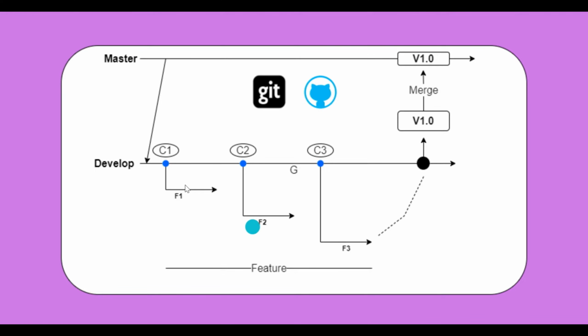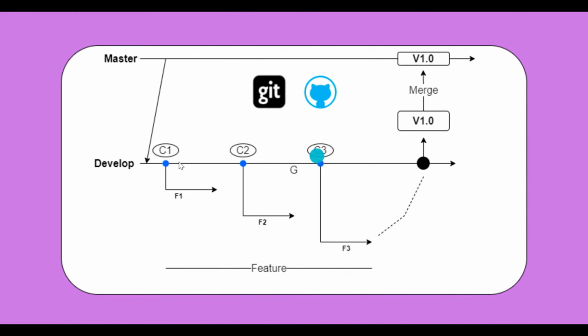Once they are done with their work, they are finally merging their code back to the development branch as commit 1. Then commit 2 will come from the second developer with feature 2, and so on. Commit number 3 will be coming from developer 3 as feature 3, right?